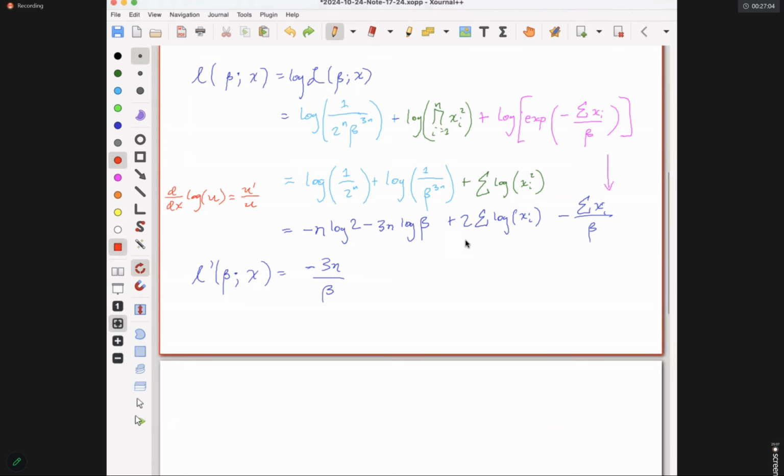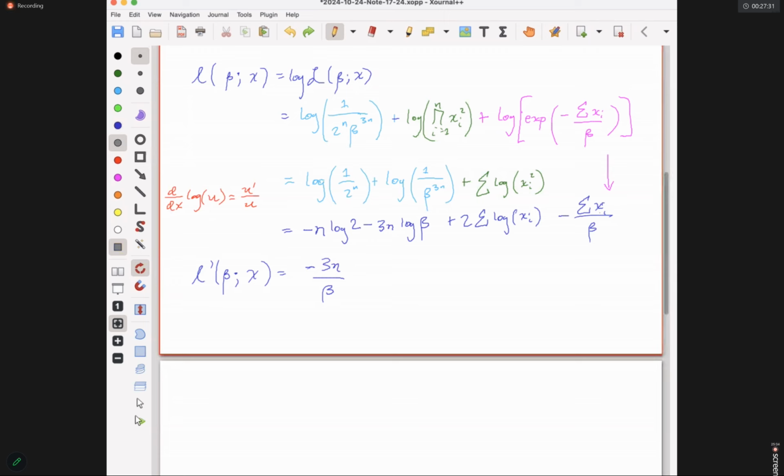What is the derivative of this one with respect to beta? 0. And so then this last one, what is the derivative of this with respect to beta? Divide by 2.